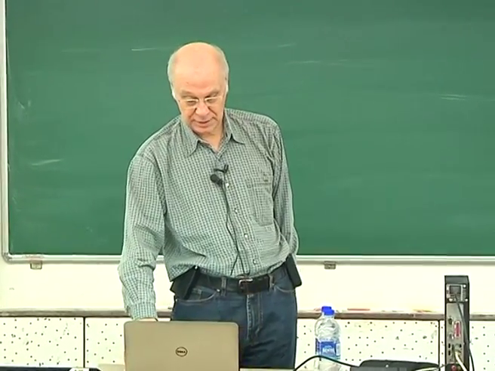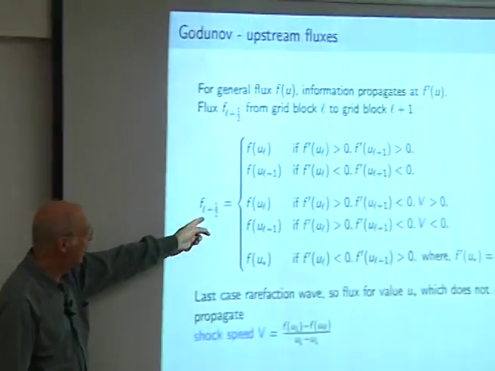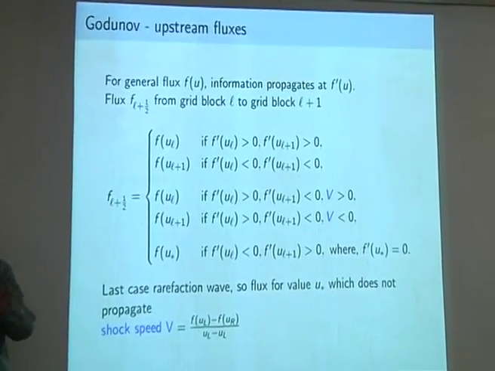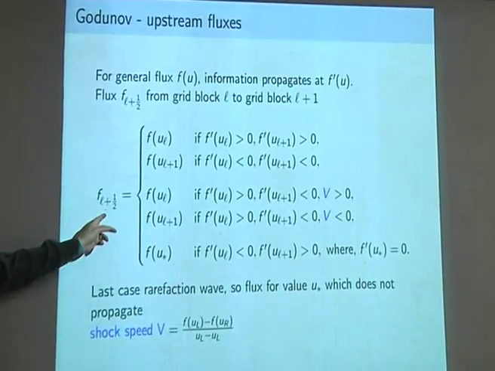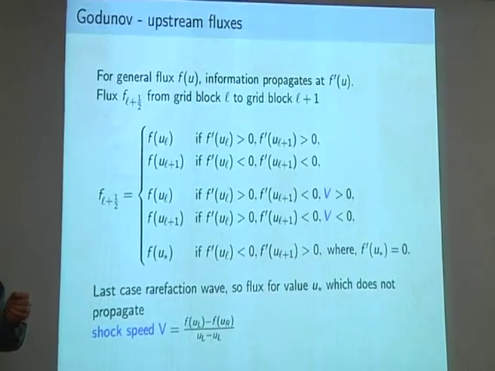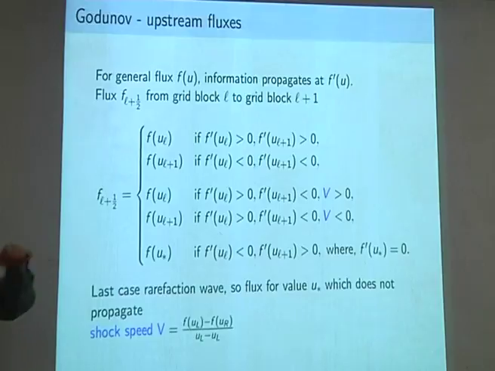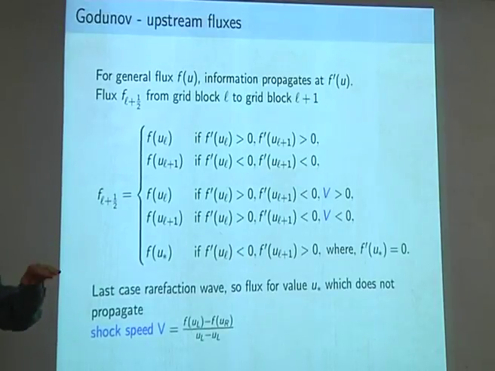Now this looks very complicated. I want to know what is the flux at a position. So we had grid blocks with different L's, and I want to know what is the flux going from L to L plus 1. What's the flux over the midpoint boundary? And it depends whether information from L to L plus 1 is going this way, in which case I want the flux according to that value, or if information is going that way, I want the flux according to that value.